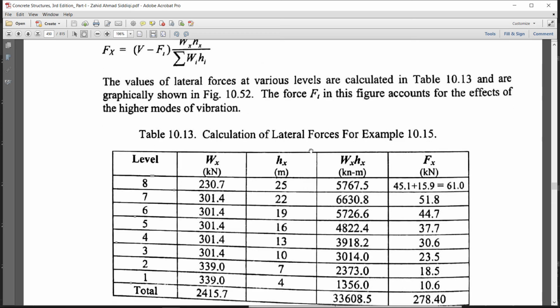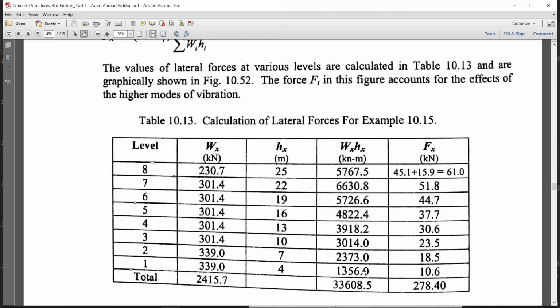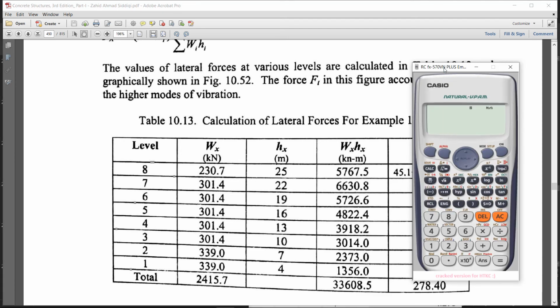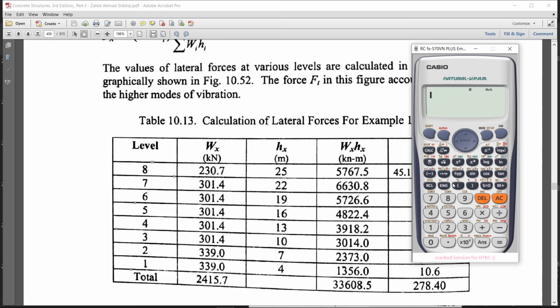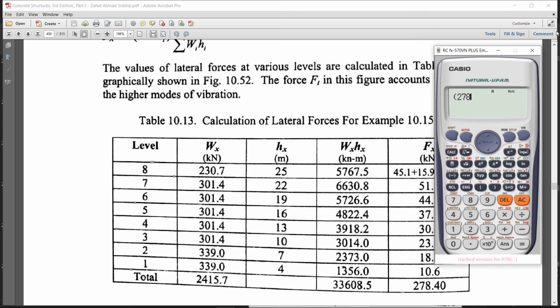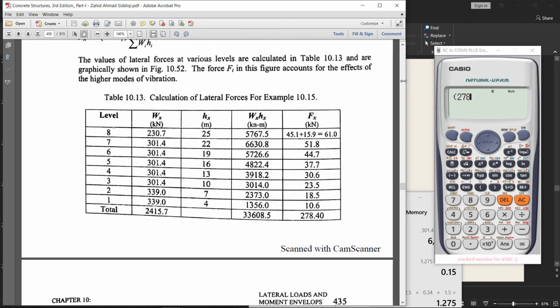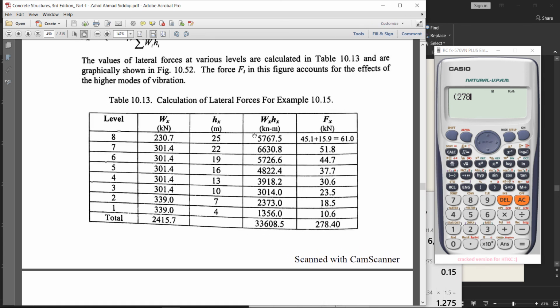Now for the first floor base shear calculations, in the formula I will put the values as they are.